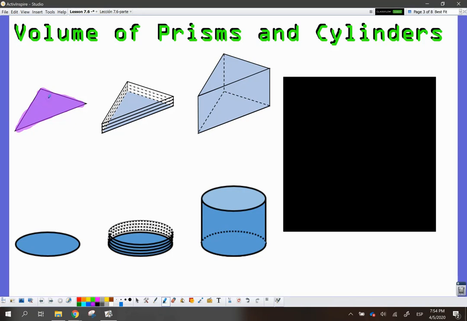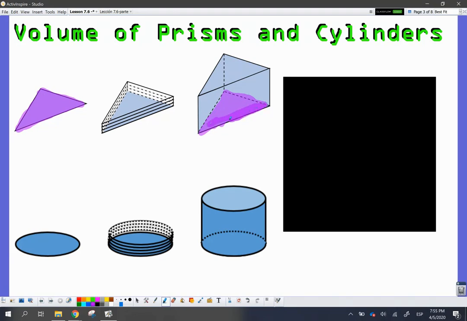This is a two-dimensional figure. But as we stack more and more of these same triangles on top of each other, we start to get some height here. And if we keep on stacking, eventually we're going to end up with a triangular prism where the base is still down here, but now we do have some height.